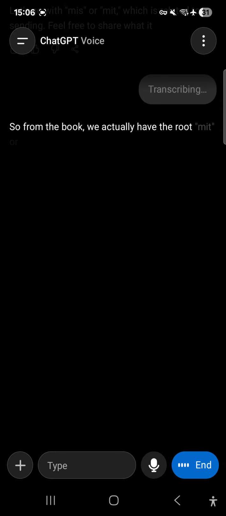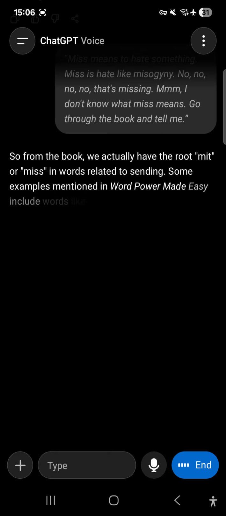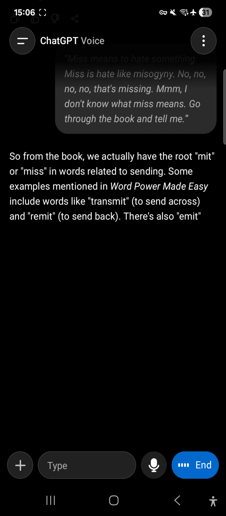So from the book, we actually have the root mit or miss in words related to sending. Some examples mentioned in Word Power Made Easy include words like transmit, to send across, and remit, to send back. This is not in the book. Ask me another word.